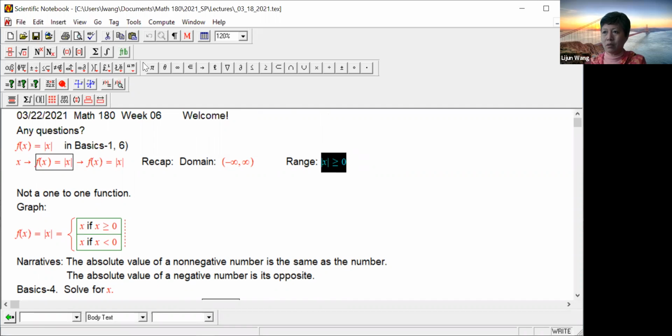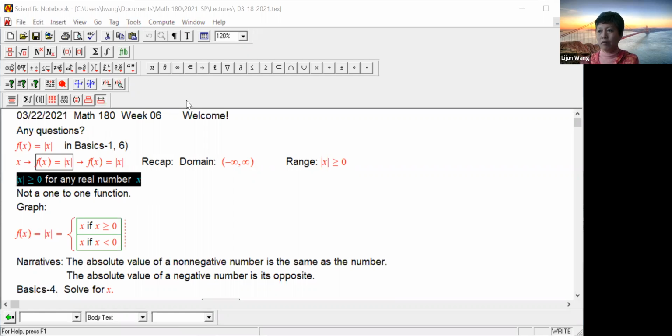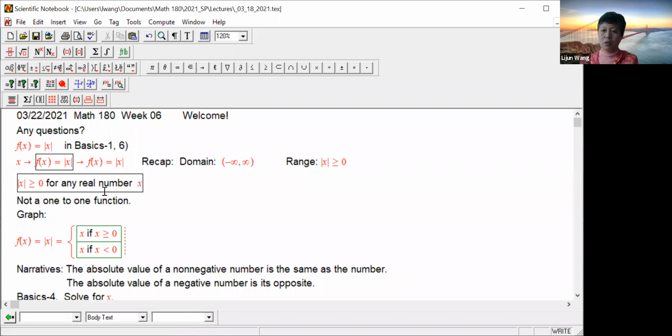What did we say there? We say the absolute value of any real number is always greater than or equal to 0.